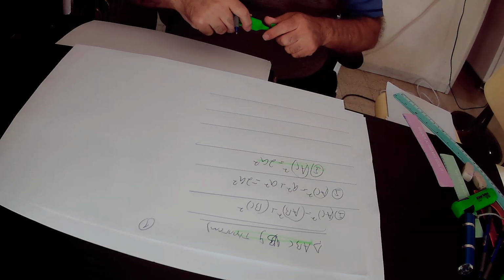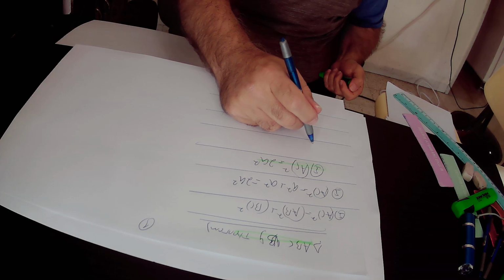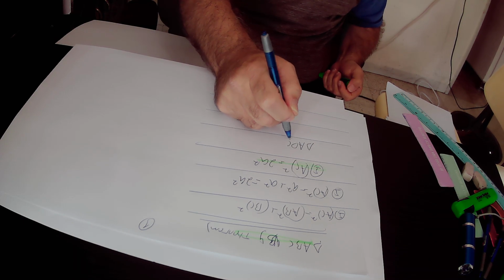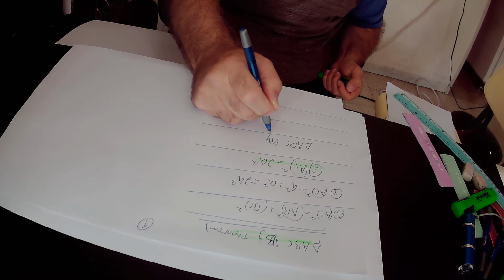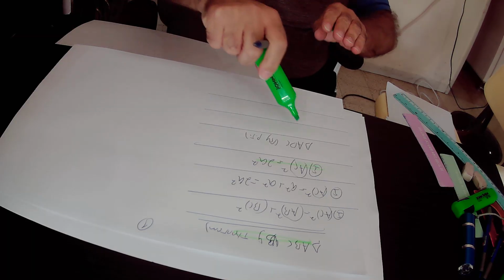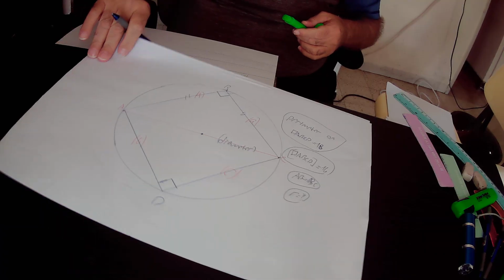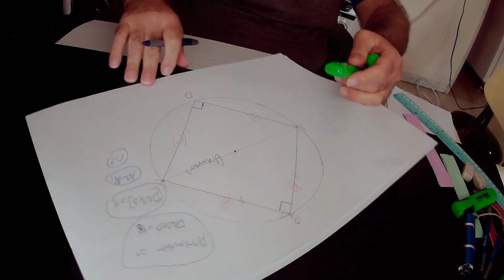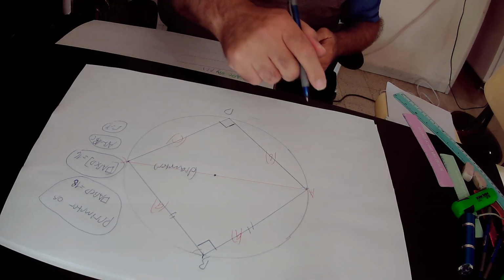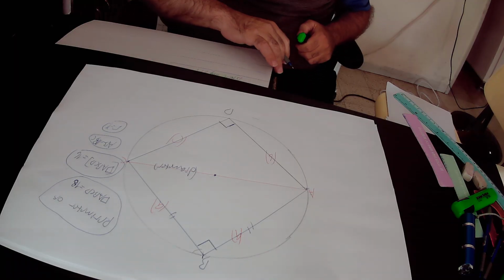So in the next step, we represent the Pythagoras theorem on the right triangle ADC. So according to the Pythagoras theorem, on this right triangle ADC, AC squared, that is the square of the hypotenuse, equals AD squared plus DC squared.